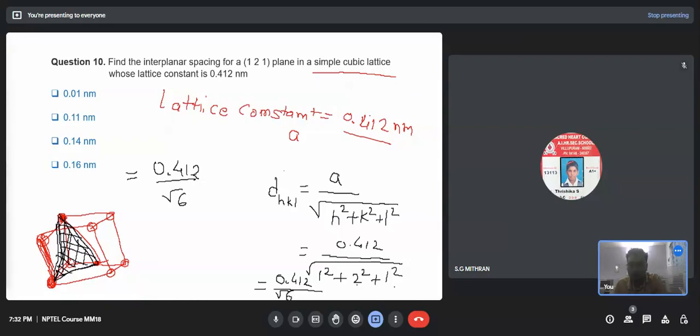So the value will be approximately this. After calculation, it will come to 0.16 nanometer. So the interplanar spacing will be 0.16 nanometer.